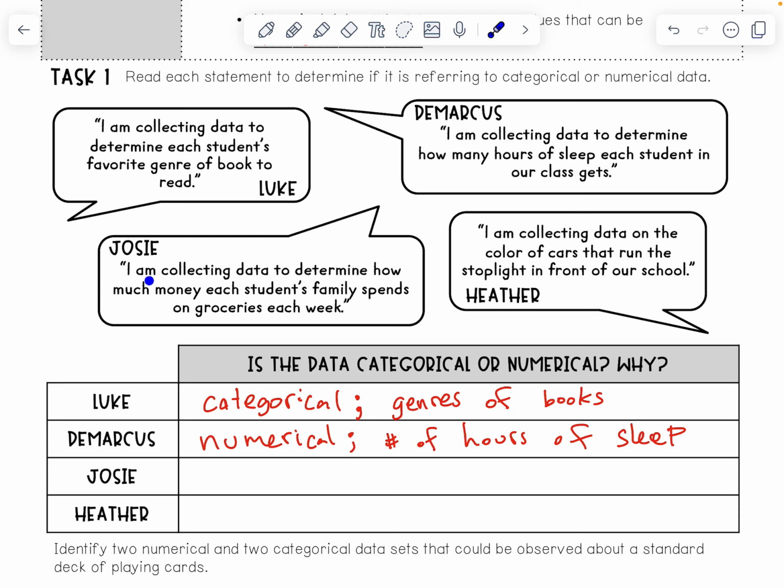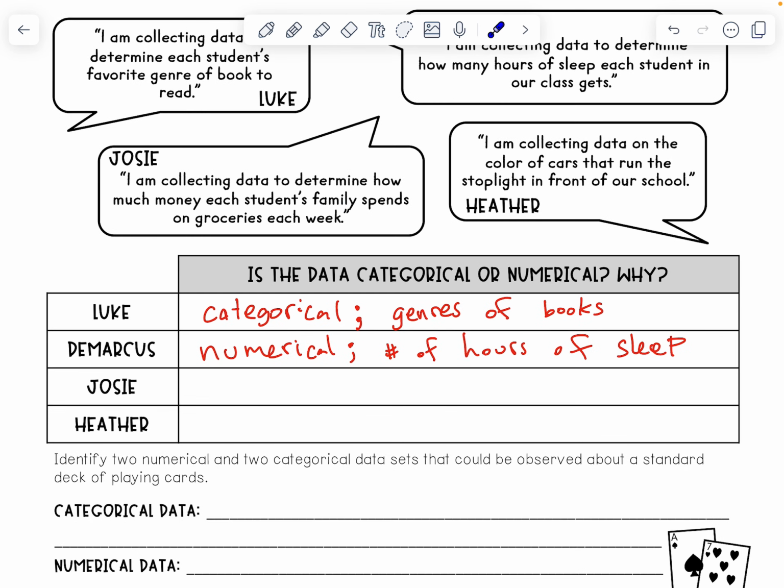Josie says, I'm collecting data to determine how much money each student's family spends on groceries each week. So this is about figuring out how much money students' families spend on groceries. I'd say that's numerical, because it is about the amount of money spent.